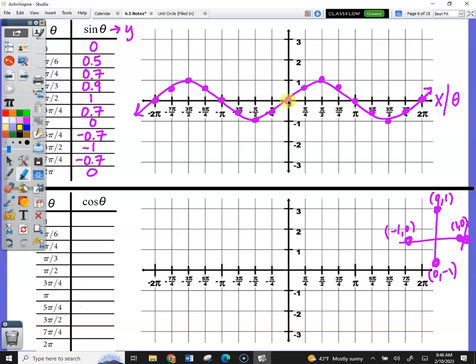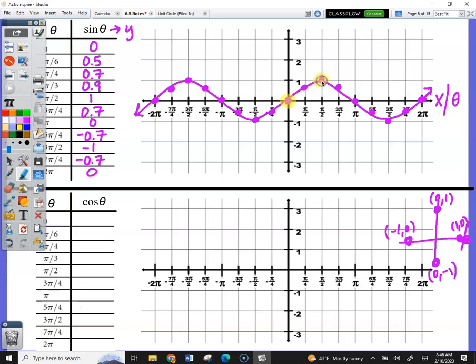Okay, so I call that my anchor point because I know that the sine of 0 means I have not rotated at all, which means the coordinate point is 1, 0. Sine means what's the y value, so it's 0. So that's an anchor point. Pi over 2 is the due north at 90.